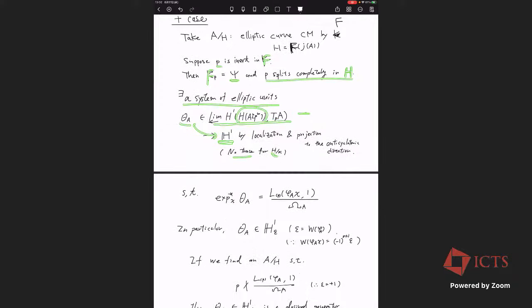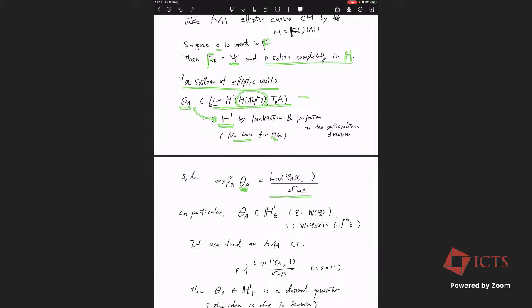And the characterization is that the dual exponential of theta_A is an L value, by Wiles' reciprocity law. Suppose that the root number of phi_A is epsilon. Then, as I remarked in the introduction, the root number of phi_A chi is (-1)^(n+1) times epsilon.